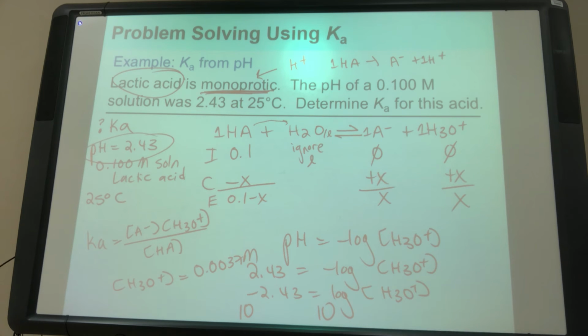So now I have H3O plus, which is X. Now I know this number, and now I can find this number, because this number is 0.1 minus 0.0037, which gives me 0.0963.